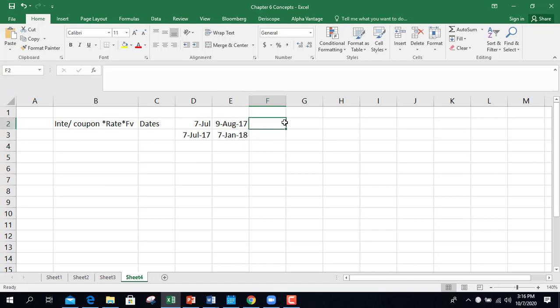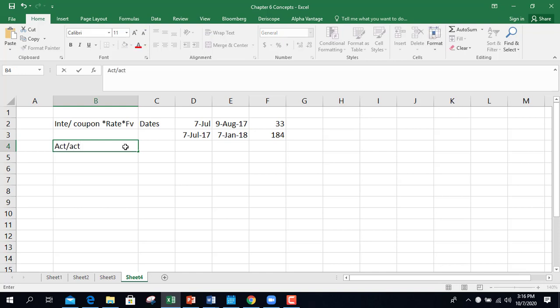If you calculate the number of days between these two dates, end date comma start date, it is 33 days between the first two dates, and for the coupon period, again end date comma start date, 184 days. For a treasury bond, it is actual divided by actual.